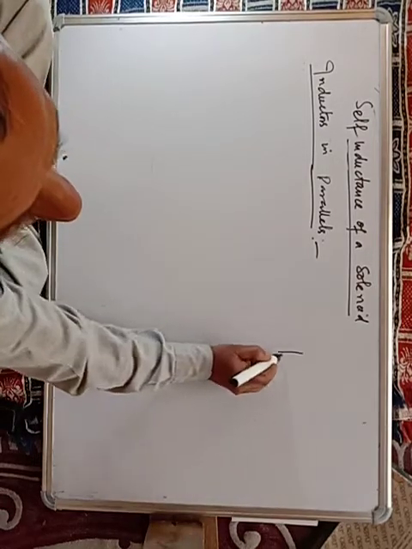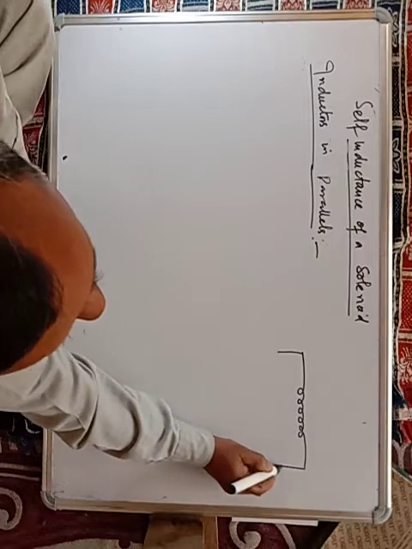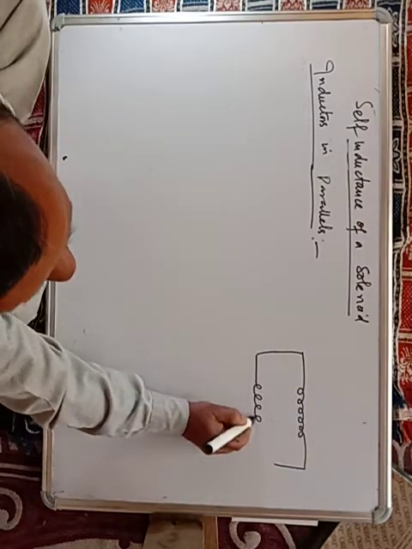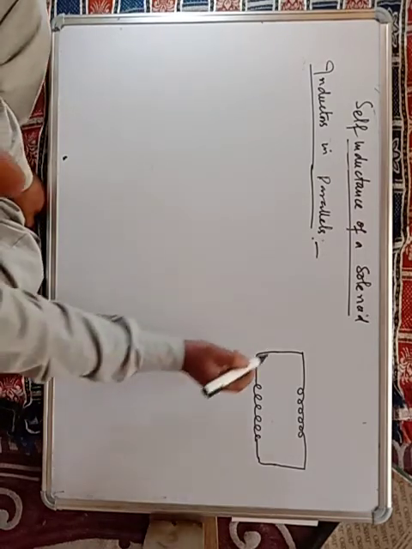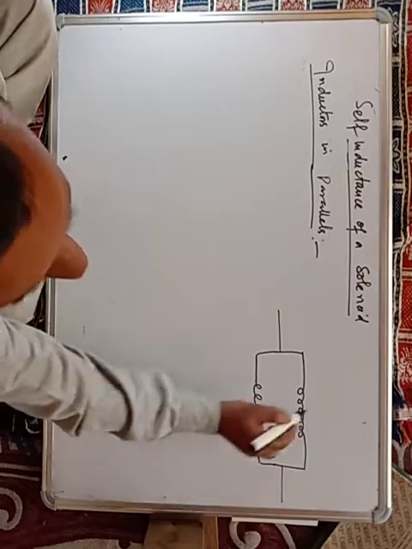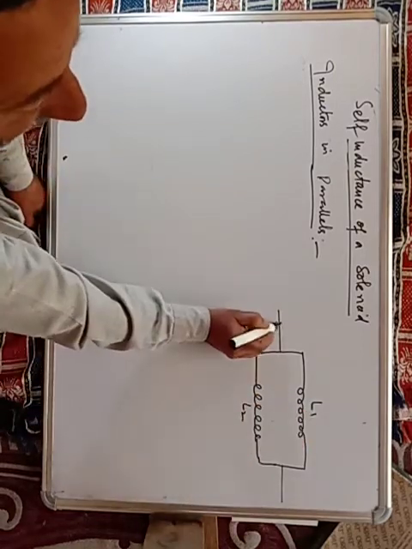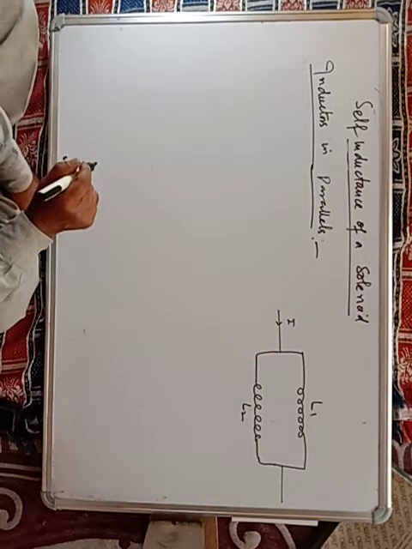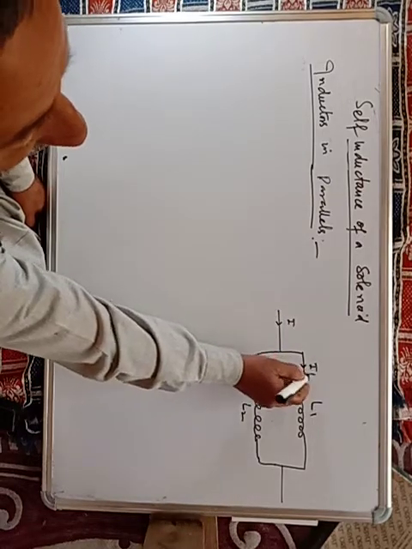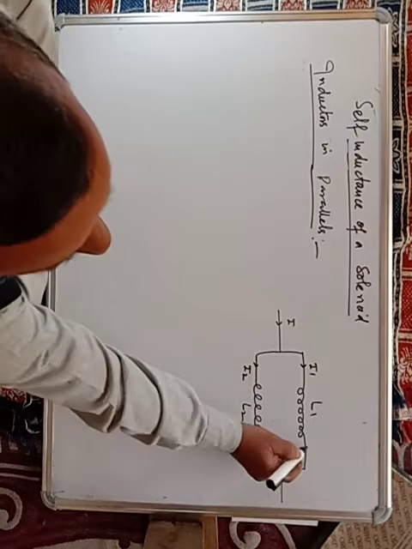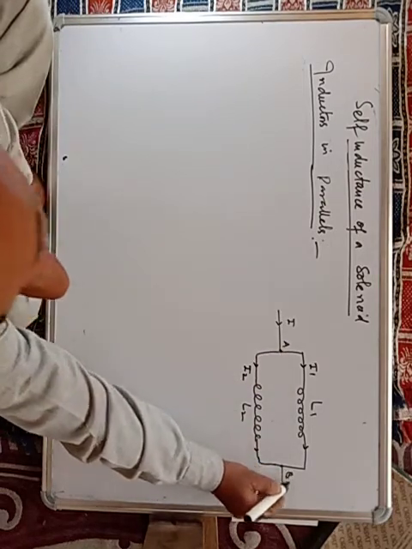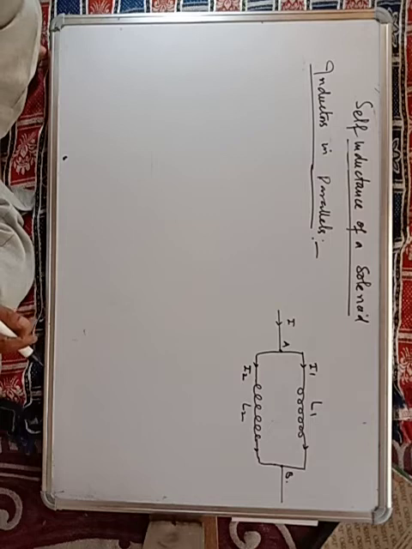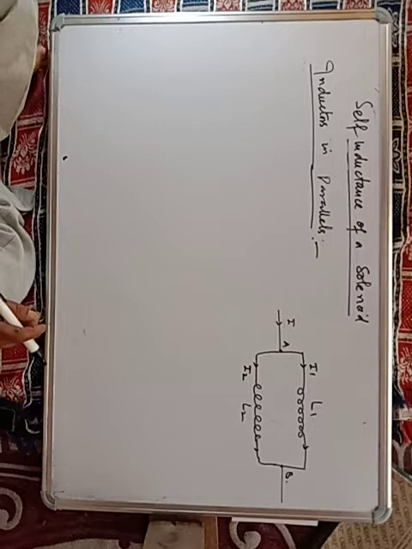Let us consider two inductors of inductance L1 and L2. If I is the total current that flows, here there will be distribution, this will be I1, this will be I2, and here it will combine. This is point A and this is point B. All the inductors are connected between the 2 points. So there will be the same potential difference across each inductor.